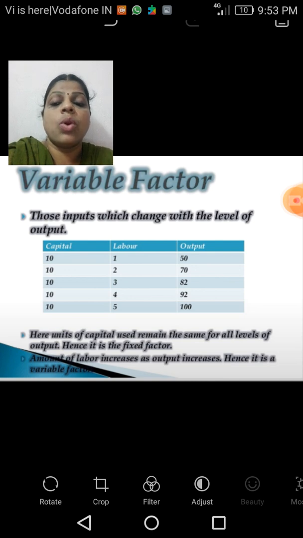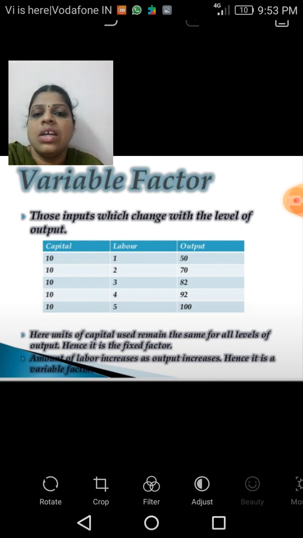And what is the variable factor? Labor is the variable factor. That is, the amount of labor increases as the output increases. So hence it is a variable factor. So children, we have divided the factors into 2, the fixed factor as well as the variable factor. Which is the fixed factor?